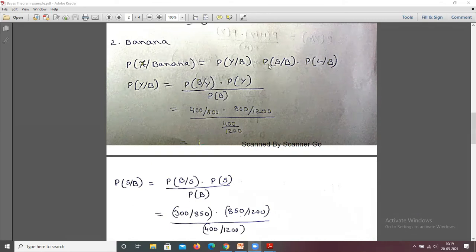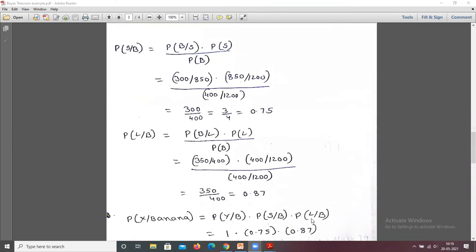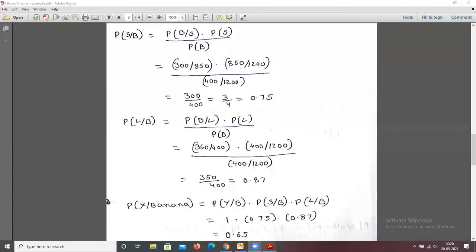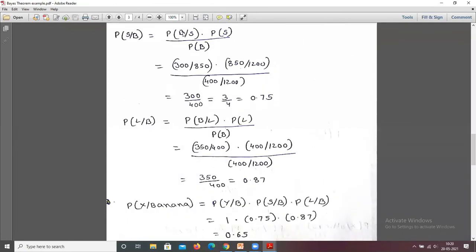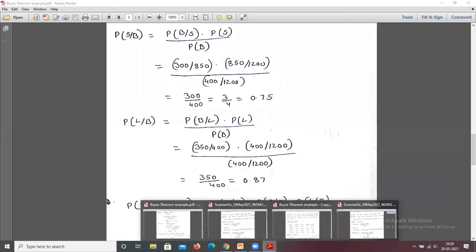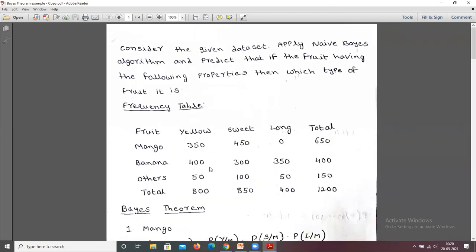Next you are going to find P of S by B. So P of S by B equals P of B by S into P of S by P of B. What is the B value here? The B value is 300.